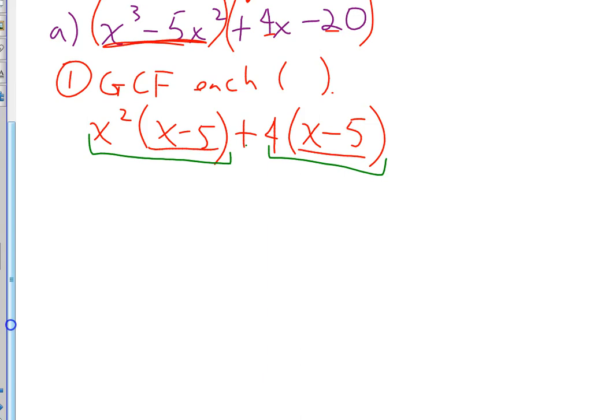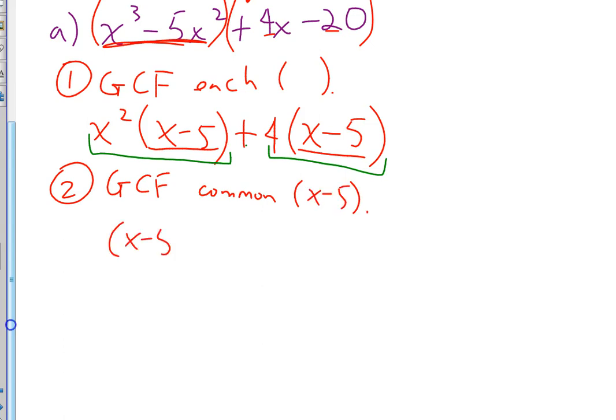So what I'm going to do now, in the second step, is I'm going to GCF. I'm going to take out the GCF, which is this common parentheses, the x minus 5, right? So if I take an x minus 5 away from each term, what's going to be left?